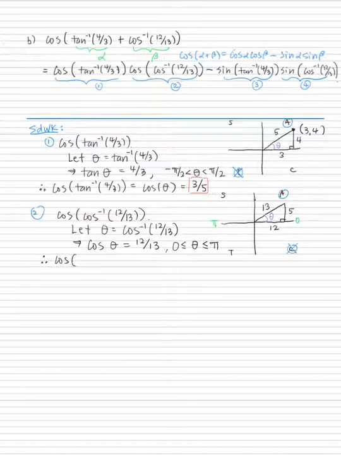So therefore, cosine inverse of 12 over 13 is cosine of that angle theta. So cosine is positive, again, in quad 1, so your answer should be positive. Oh, sorry, those of you who like to use x, y, and r, our x value is 12, y value is 5. Okay, so the cosine of theta is adjacent over hypotenuse. And there you go.